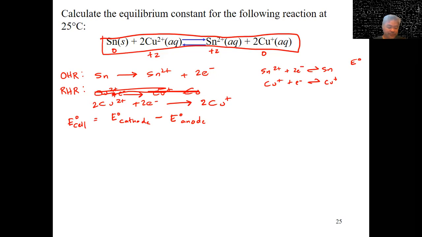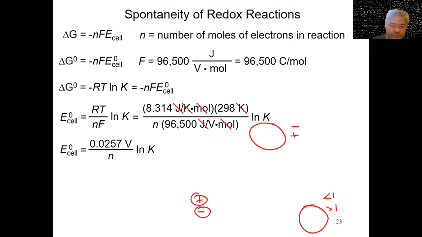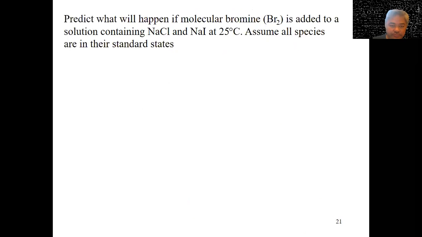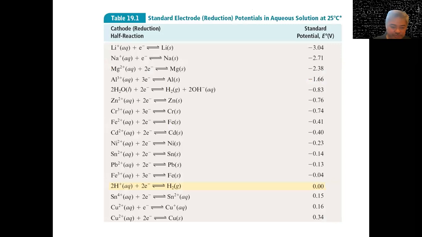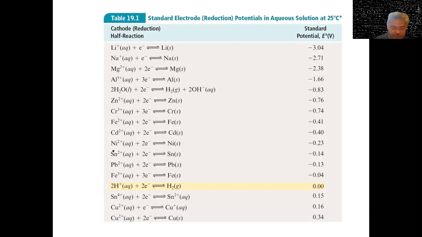Okay. So if we're going to have this information here, all you need to do is have a reduction potential table. I'm trying to find my own reduction potential table. Okay, so I cannot find it. I have to go back. Tin and copper. So if I have it here, tin, this is the one.